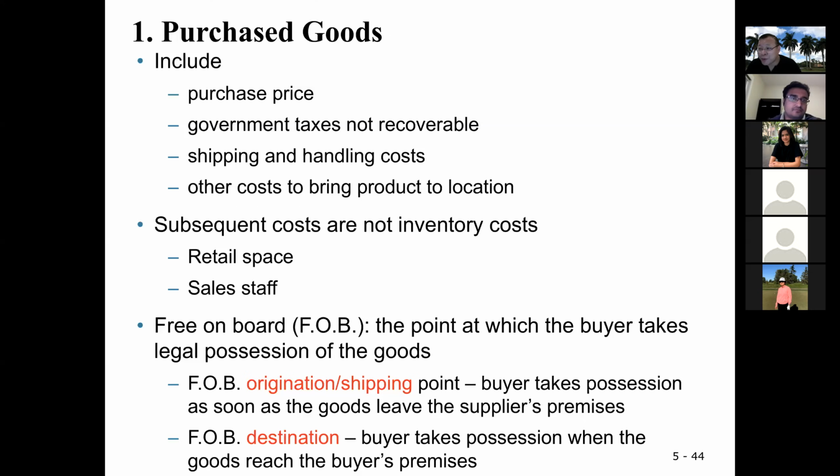Maybe it's preferable for you to have FOB shipping, but Walmart may insist on FOB destination. So it must be written and agreed by the two parties.